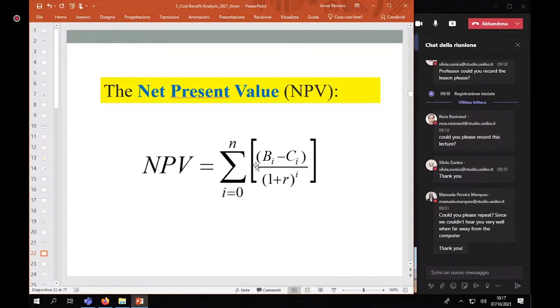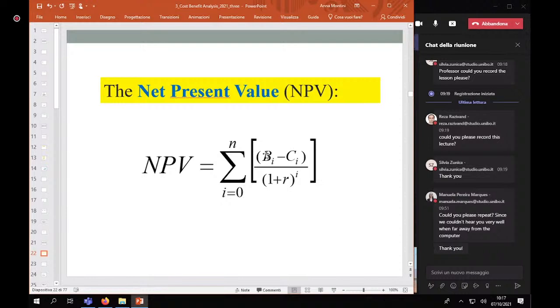Look at this formula. It seems a difficult formula, but it is very easy to memorize, because you have the sum for i equal to 0 that runs to n, for each net benefit for each year, and each one has to be divided by (1 + r) to the power of i. Let's look at i equal to 0.